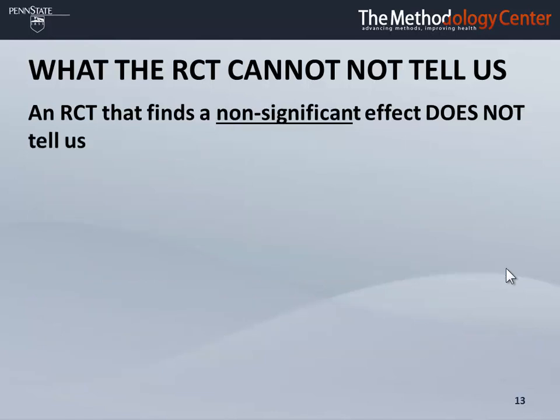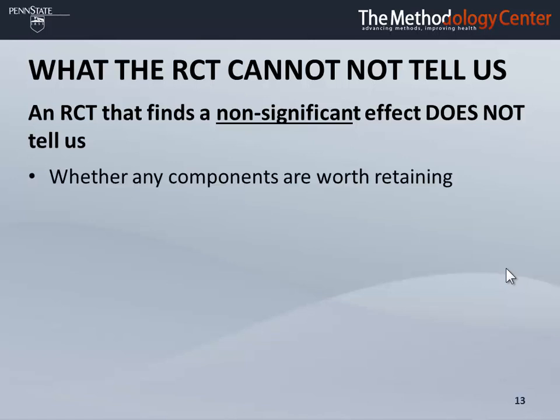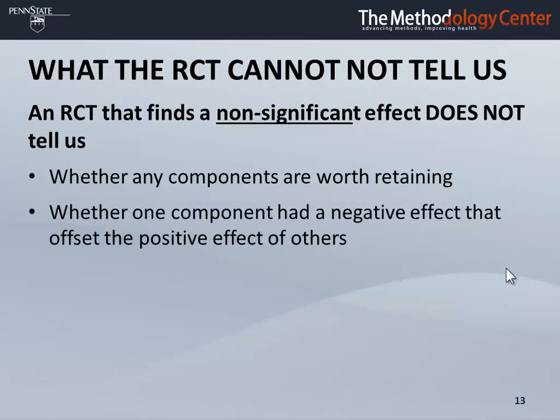Now suppose you get a non-significant RCT. That's really bad because you know even less. You don't know whether any of the components are worth retaining. It could be that there's one or two really good ones in there that you'd like to keep. You don't know whether one component had a negative effect that maybe offset positive effects of others.